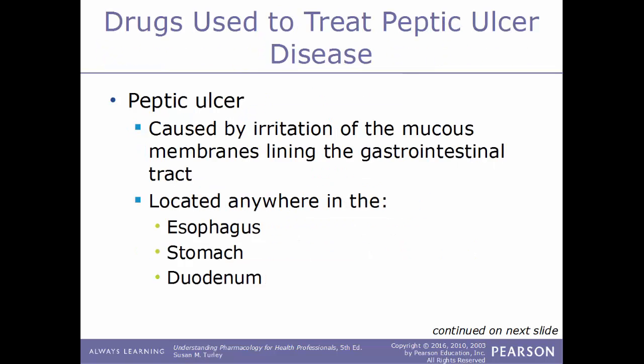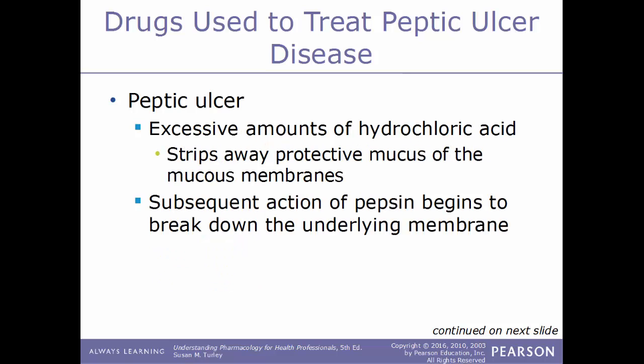Alright, now we'll move on to drugs that are used to treat peptic ulcer disease. Now a peptic ulcer is caused by irritation of the mucous membranes that line the gastrointestinal tract. So these can be found anywhere within the esophagus or the stomach or the duodenum, which is the first part of the small intestine. And what happens here is excessive amounts of hydrochloric acid basically eat away at the protective lining of the mucous membranes.